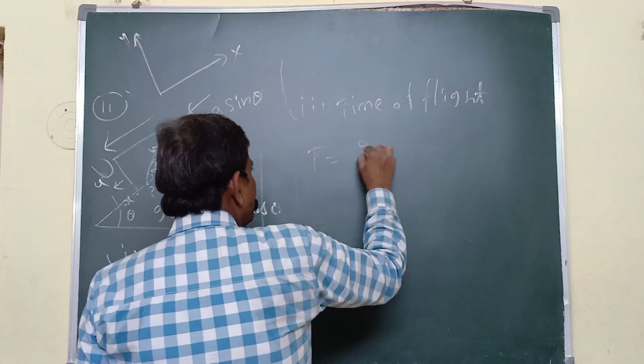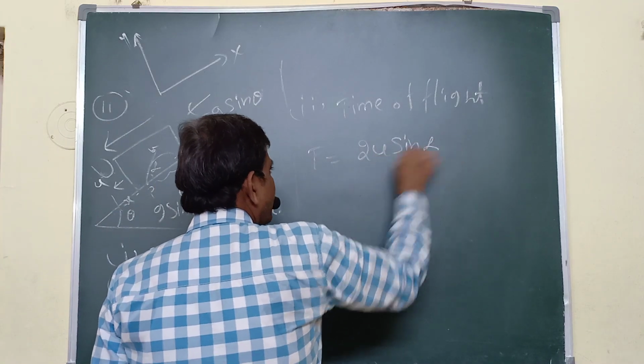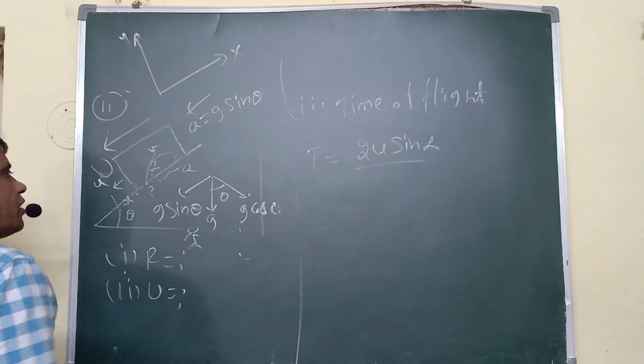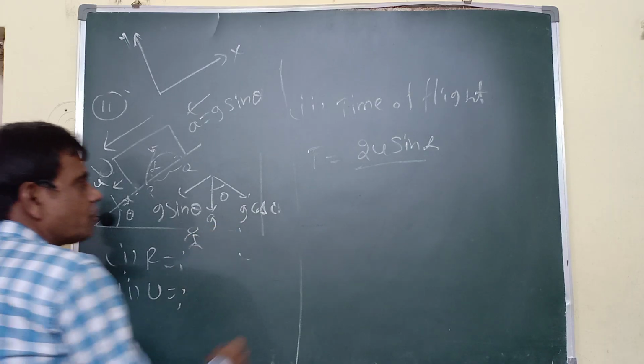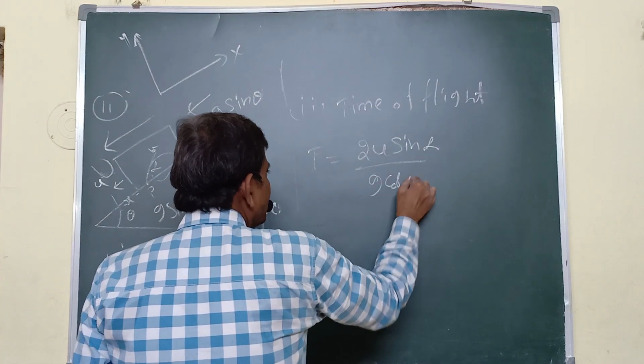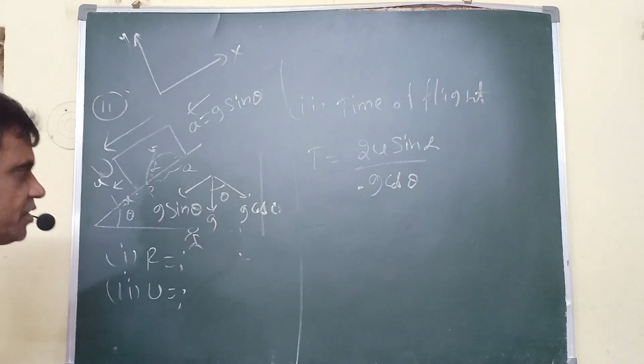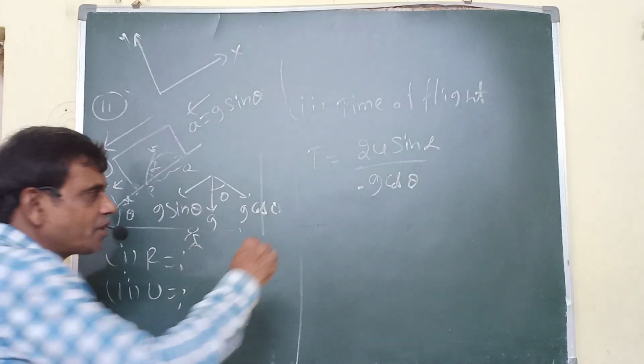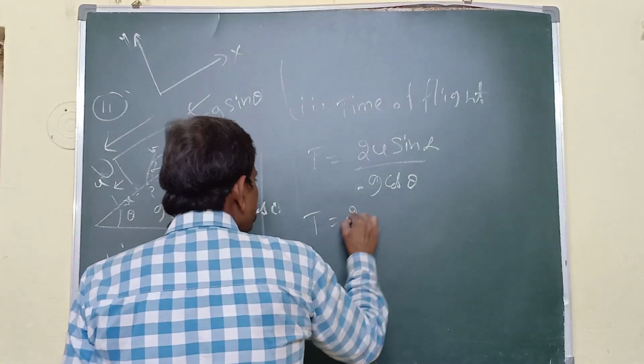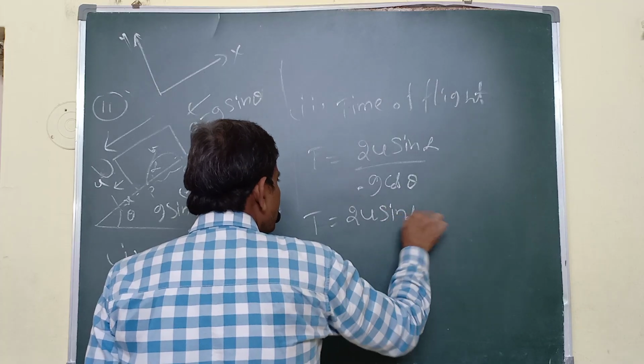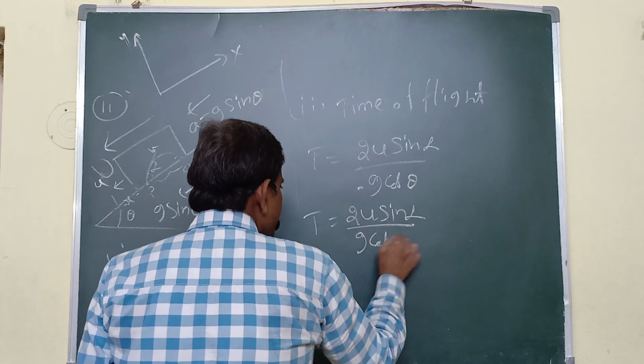So 2u sin alpha, and g is the downward component, g cos theta, which is also minus according to sign convention. But time is always positive. So time equals 2u sin alpha by g cos theta.